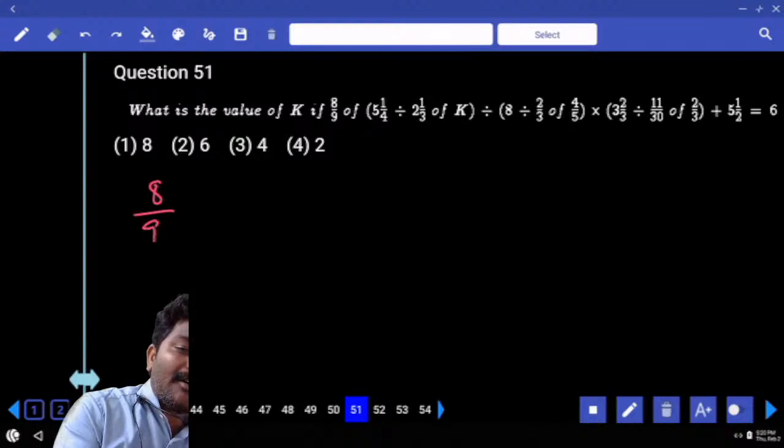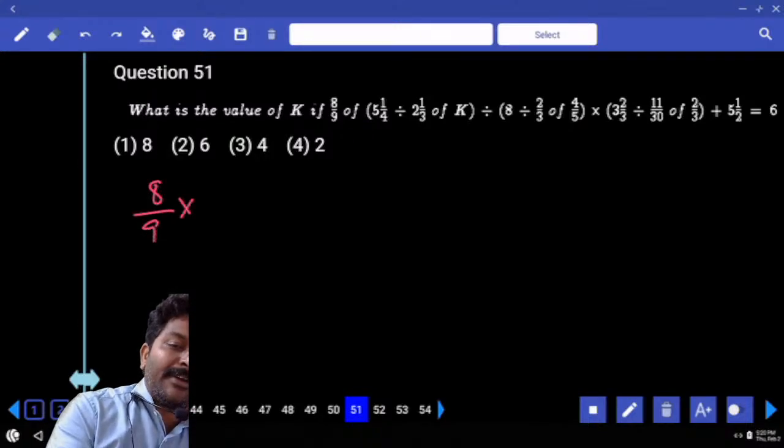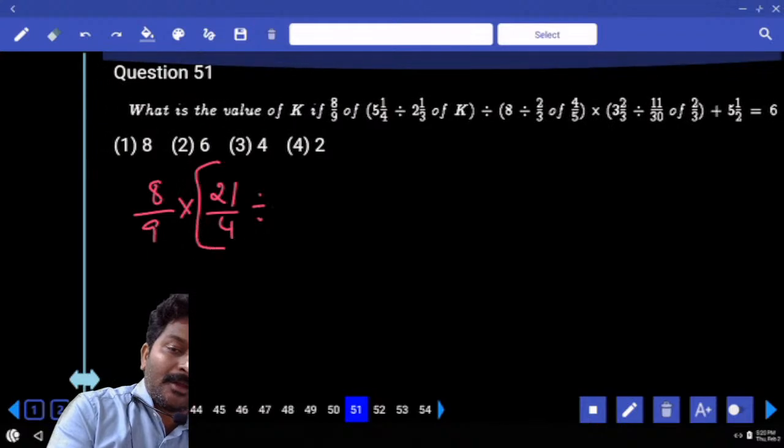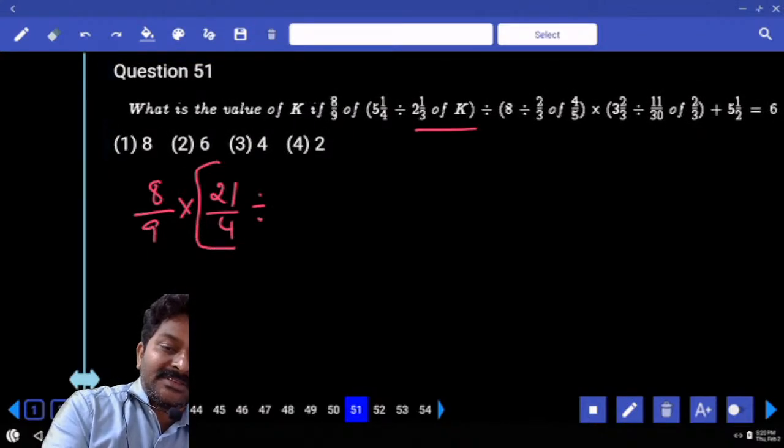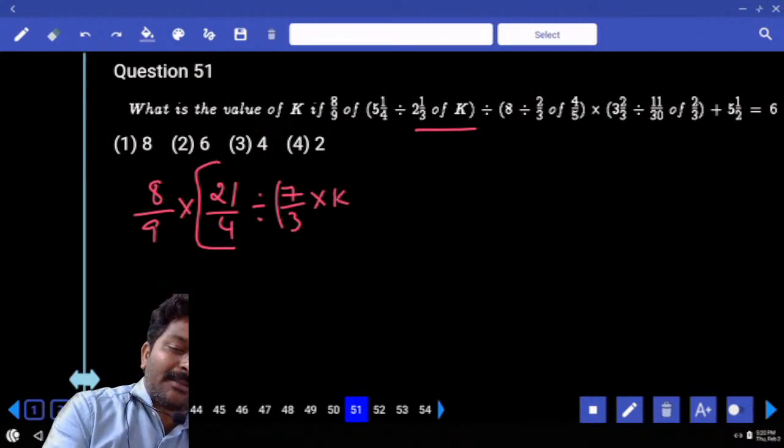8 by 9 half into 5 1 by 4, 21 by 4 divided by, how much is that? 7 by 3 half into k. So first you have to complete this part because half.